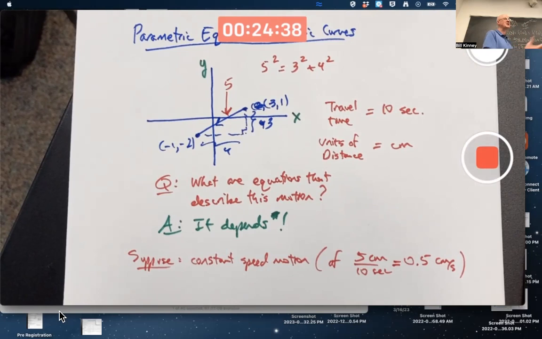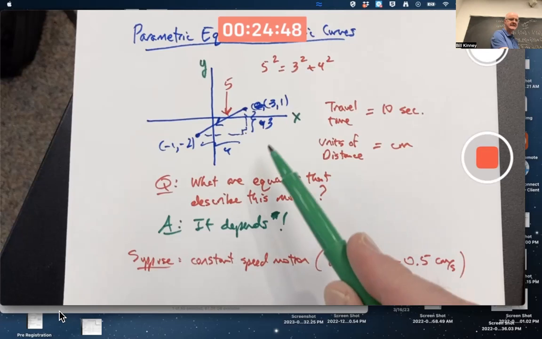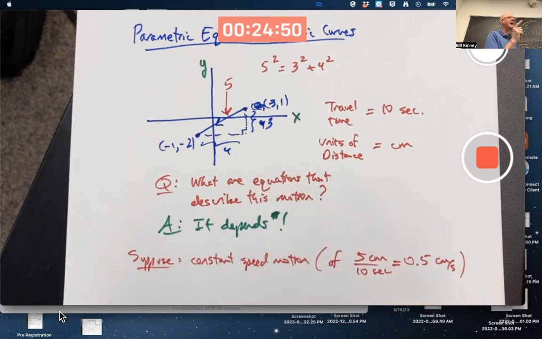And I hope it's intuitive that since the bug's moving at a constant rate, they're probably linear functions of t. If you graph them, it's probably straight lines. I mean, yes, this is a straight line, though if the bug's not moving at a constant rate, if the bug's speeding up and slowing down, x and y are not necessarily linear functions of t. But if it's moving at a constant rate, they're probably linear functions of t.